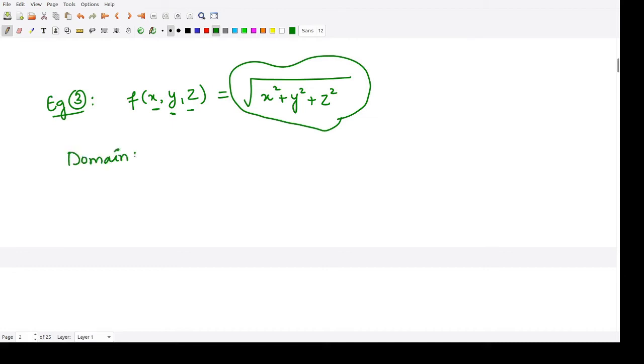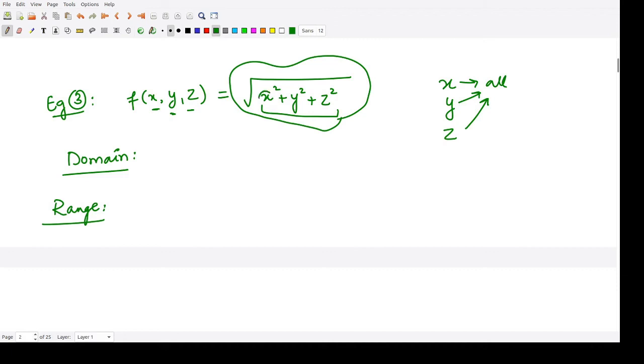So what would be the domain for this particular function? You could input any kind of number into this, there would be no problem, but this quantity should be positive. So for which values of x, y and z would this quantity be positive? It would be positive for all values of x, y and z. Why?